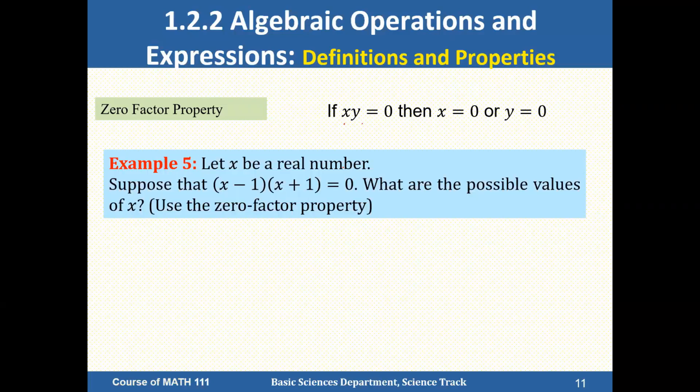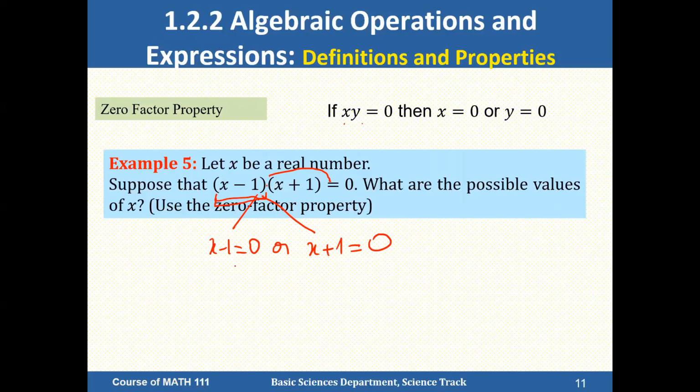نشوف المثال. Let x be a real number. Assume that x minus 1 times x plus 1 equals 0. What are the possible values of x? هنا عندنا معادلة نحب نحلها. بما أنه عندنا product equals 0، إيش معناها؟ Using the zero factor property، يا إما ال first factor اللي هو x minus 1 equals 0, or the second factor اللي هو x plus 1 equals 0.